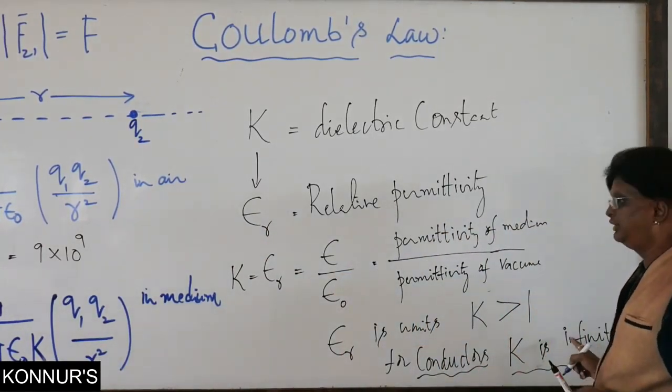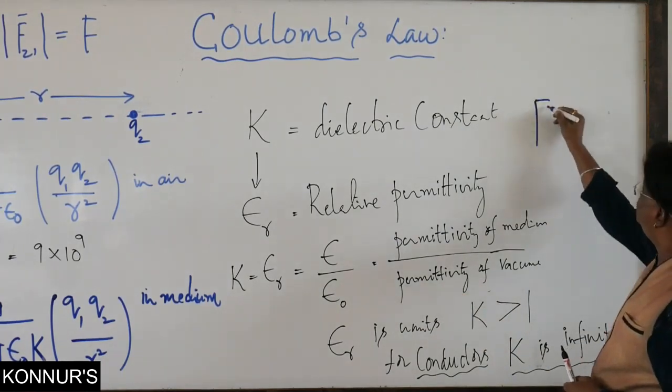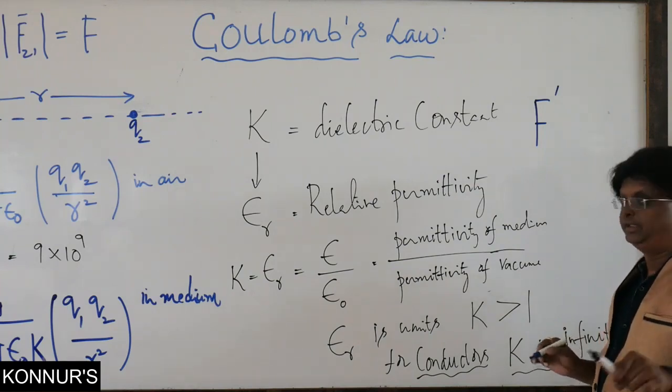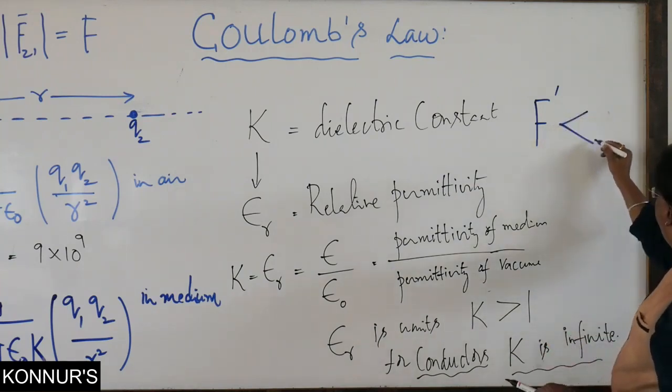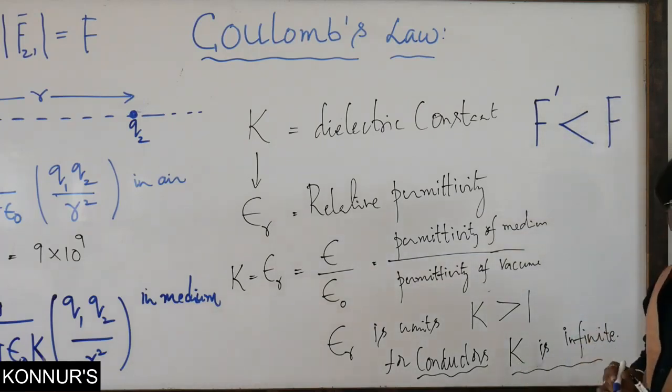Since K is always greater than 1, I can now say that F dash, the force between two charges in a medium, is always less than the force between two charges in air.